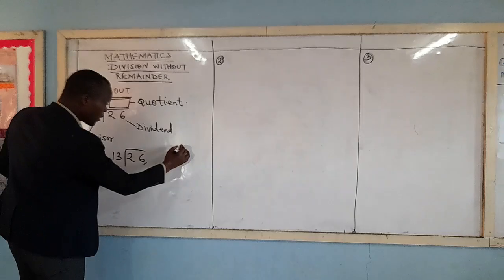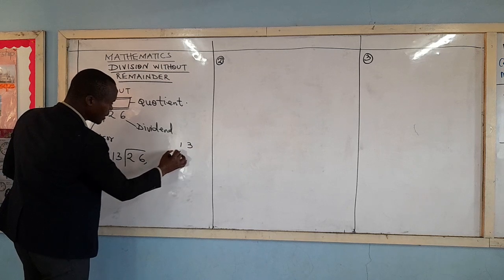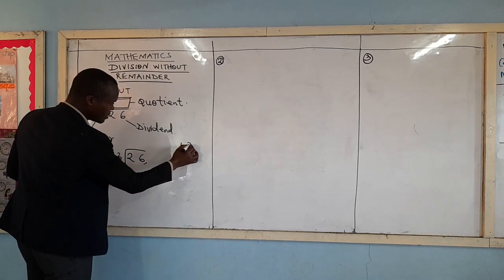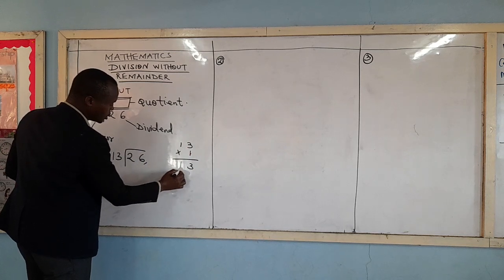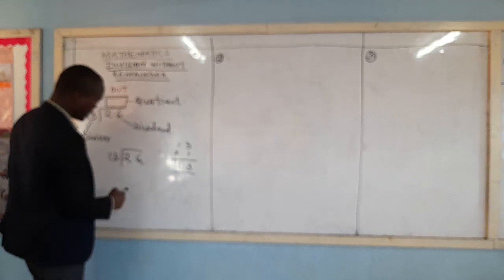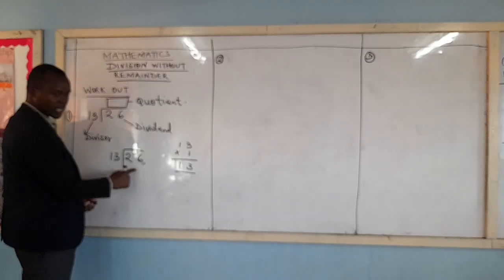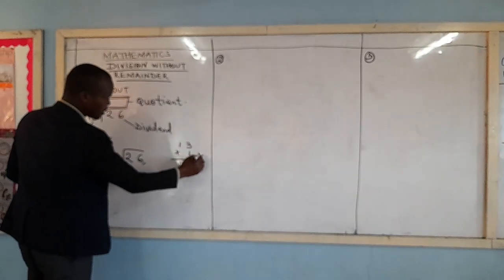We try out 13 multiplied by 1, for example. 1 times 3, 3. 1 times 1, 1. So this one gives us 13, and we are looking for 26. So we cannot take this one.